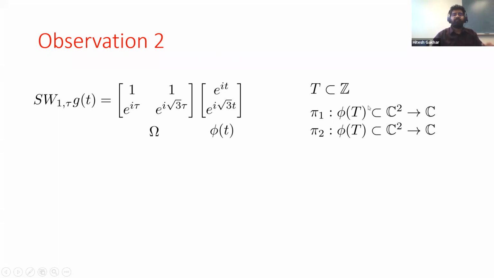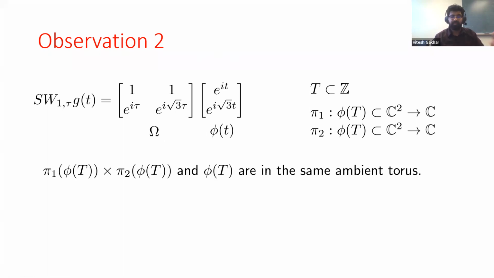So we can define two projections, pi1 and pi2, on the first and the second coordinate of these vectors, and we get collections of complex numbers, and then we can take their Cartesian product back. So the seemingly simple observation is that you have two-dimensional points, you take projections on the first and the second coordinate, you get a collection of points, and then you take the full Cartesian product of these pairs of collections. They are still going to be in the same ambient torus, because it's still two-dimensional and they are still points on the torus.